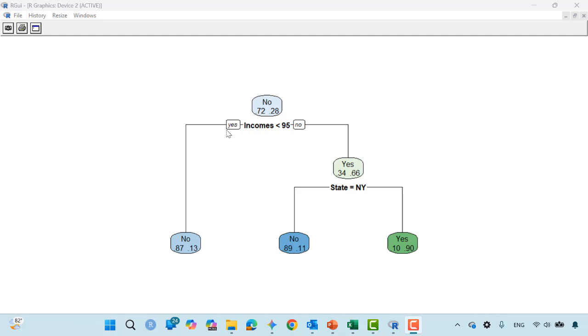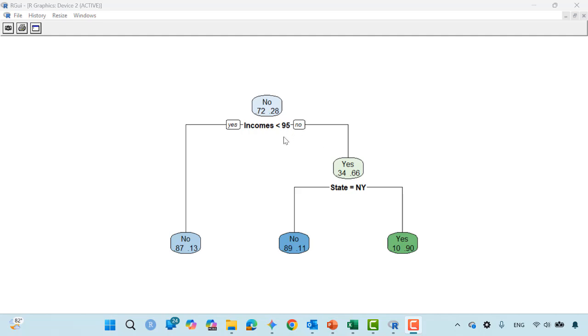Also notice that the income question is above the state question. That means if we get a customer's information, we must answer the income question first. Then we ask where he's from, the state question. Let me give you an example. Let's say a customer makes about 50K a year, and he's from Texas.